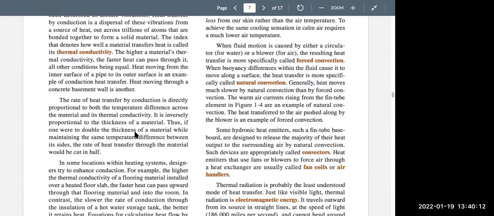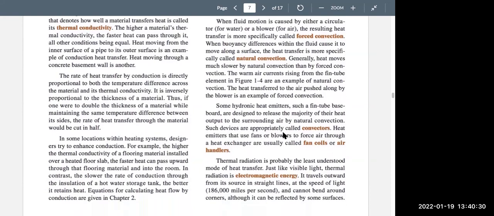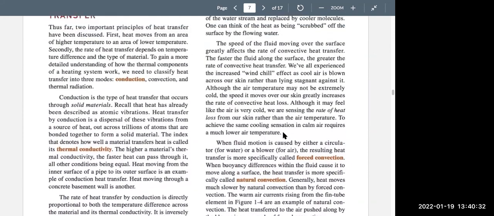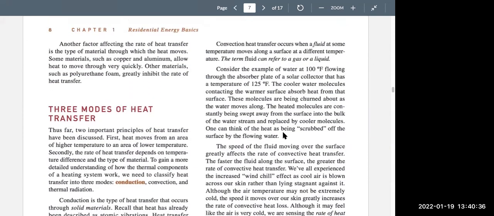It's also the thickness of the material. So if we have thicker walls versus thinner walls, all of that adds up into our total thermal conductivity. And that's what we'll be doing when we start to get into the heat gain, heat loss calculations.